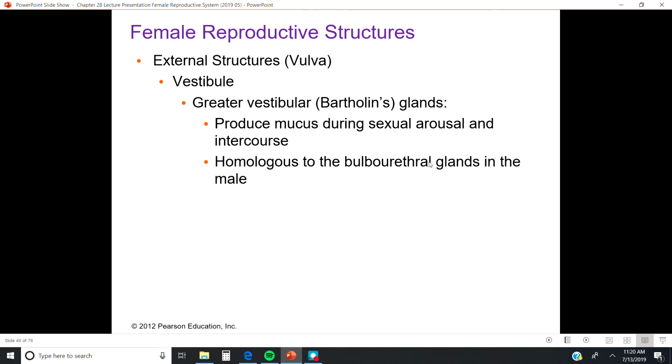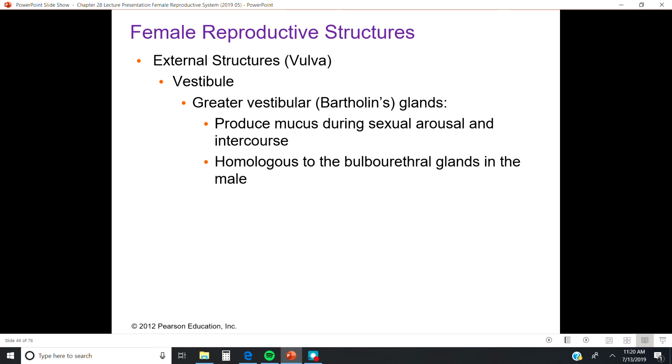Well, females have the same thing. They're known as the greater vestibular or Bartholin's glands. And again, with a sexual thought, or during or prior to sexual intercourse, these glands secrete this type of secretion to neutralize the vaginal canal as far as the pH and to also lubricate the entrance of the vaginal canal.